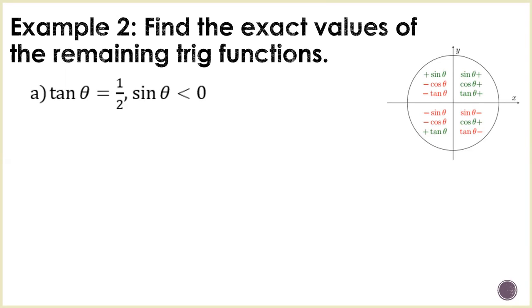So if a number is less than 0, this means less than 0. What kind of numbers are less than 0? Are positive numbers less than 0 or negative numbers less than 0? Negative, okay.